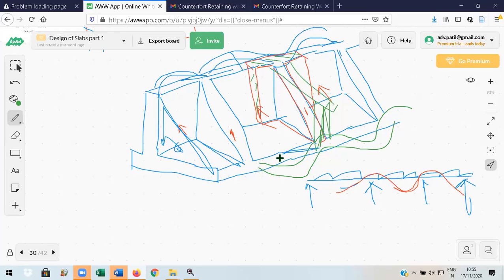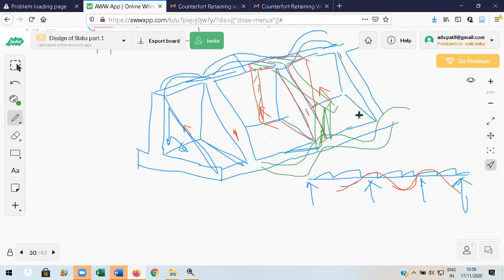So wherever counterforts are there, they are trying to hold the slab in position. In between these counterforts, it bends like this. It becomes this shape. So this is also a continuous slab only.